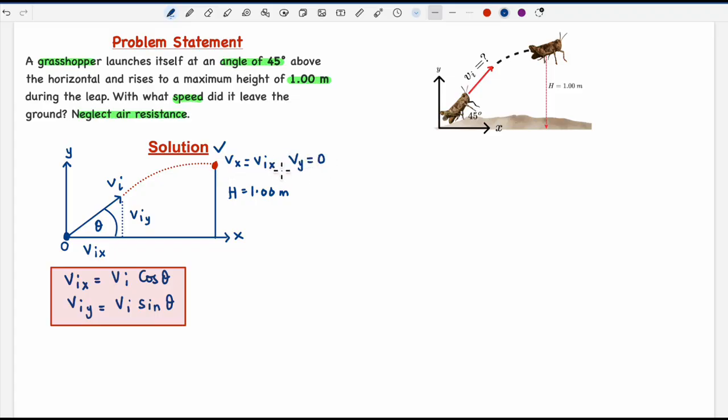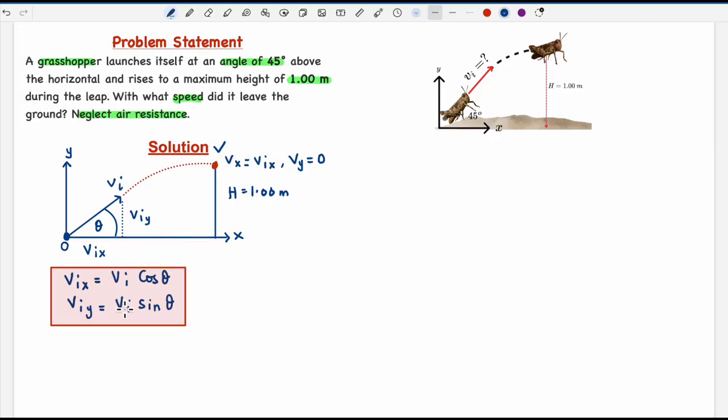Alright, so that is the physics at this point, because at the maximum height, the vertical velocity becomes 0 because the bug should momentarily stop and then return back, completing the other half of the parabola. However, because there's no effect of gravitational pull on the horizontal speed, it remains constant.